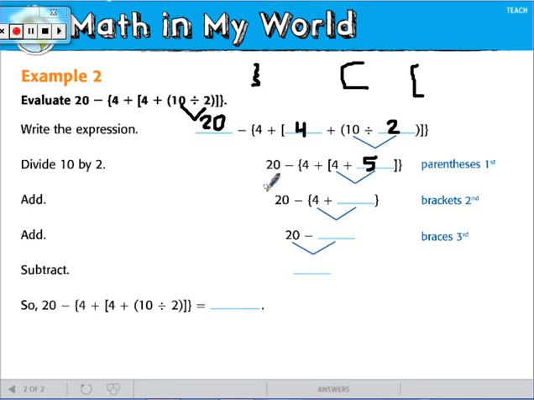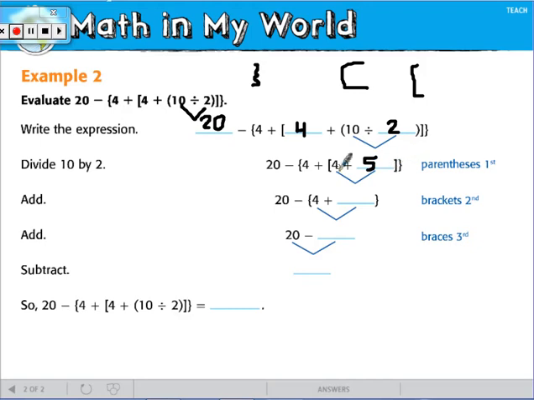So we put that down here. Now we have to rewrite the whole problem. 20 minus braces, 4 plus bracket, 4 plus 5, close the bracket, close the braces.